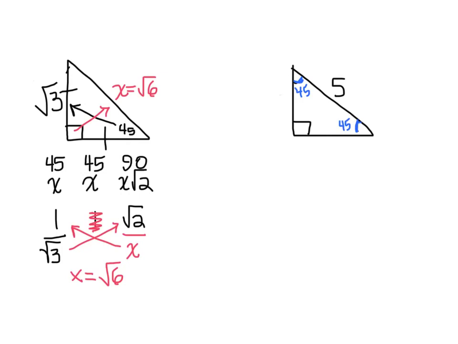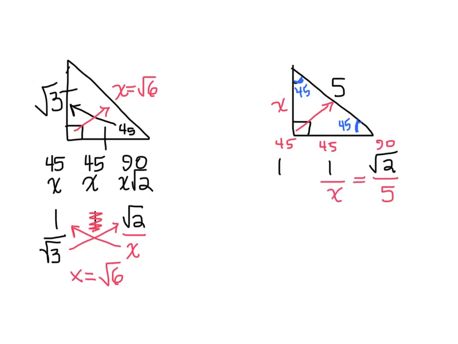Over here, 45, 45, 90 with a hypotenuse of 5, I'm going to do the same thing. 1, 1, and root 2. I know the 5 is across from the 90, so this would be the 5. This is a 45, 45, 90 triangle. And what I'm looking for is x, a side opposite the 45.